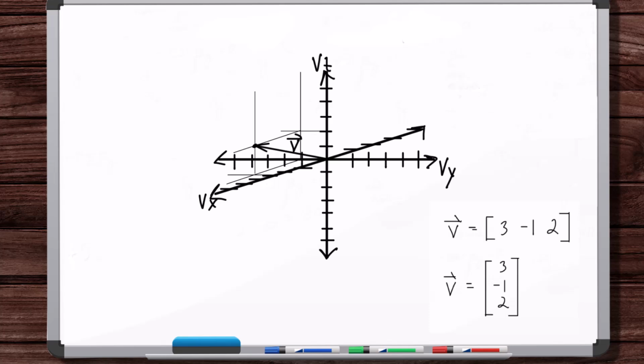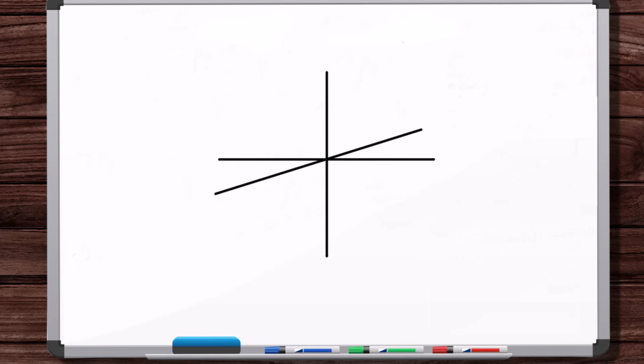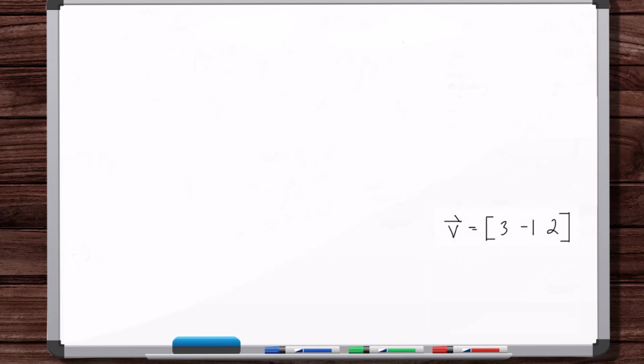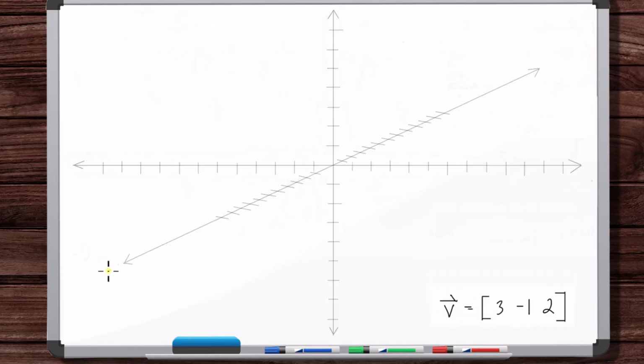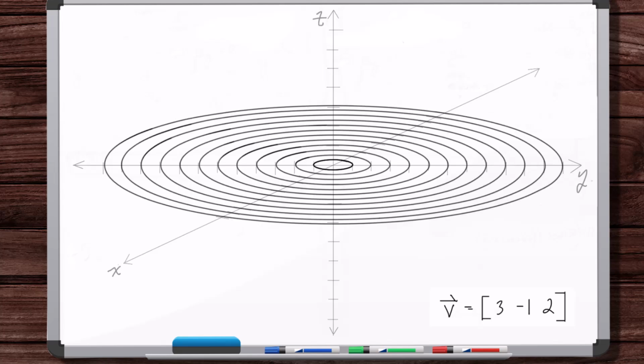Okay, let's take a look at another coordinate system. So we've got a rectangular coordinate system in the background, and then we'll overlay a cylindrical coordinate system.